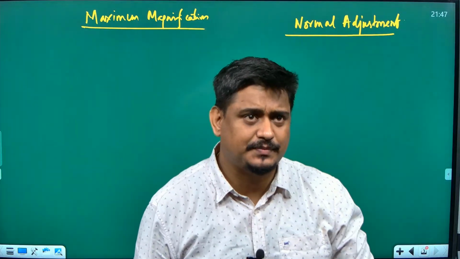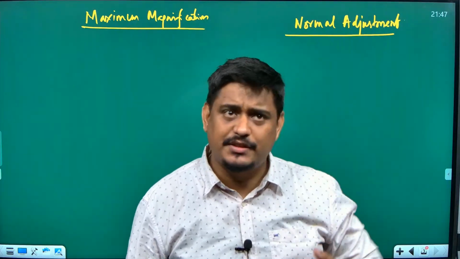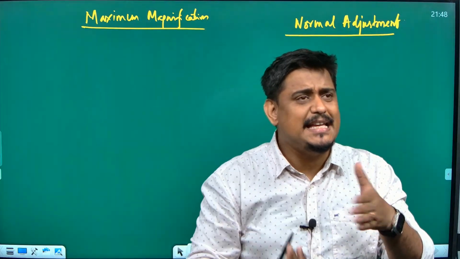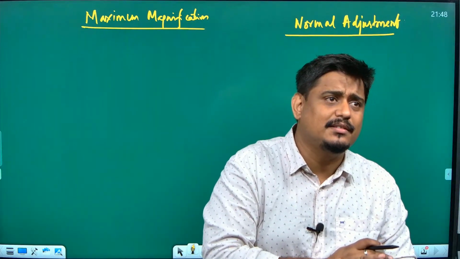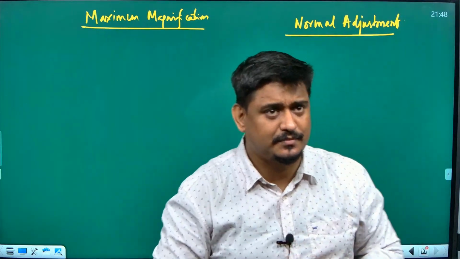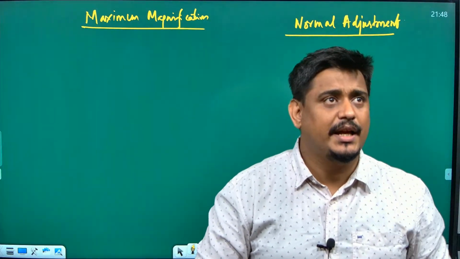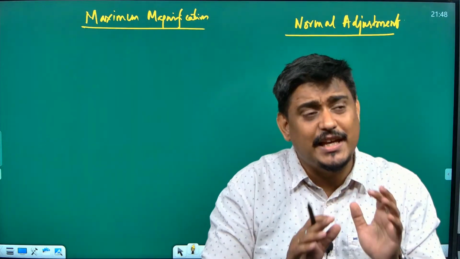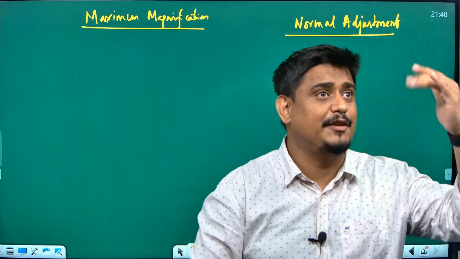Am I right? Now, when you are seeing through a lens, the image can form at various locations, isn't it? If I change the object position, the image position will also change. If the image is forming at 60 centimeter, 40 centimeter, or 30 centimeter, in which case will you see the image with maximum clarity or maximum magnification?